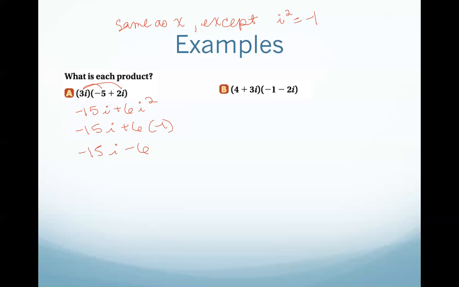And then notation-wise, we always want the i to be the last thing we read. So I'm going to rewrite this as negative 6 minus 15i. This is called a plus bi form. And that just means the term with i goes last.